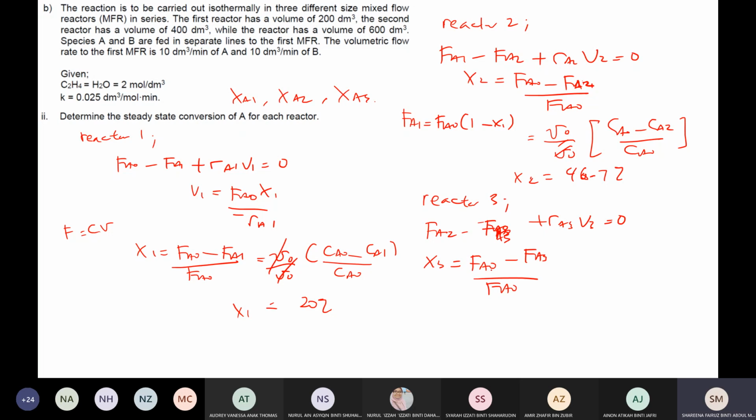Okay, rearrangekan dia, you akan dapat CA0 minus with the CA3 over with the CA0. Okay, so you akan dapat X3 is equal to 69.6%. Okay, so ini cara saya. So maybe you ada derivation yang berlainan. Okay, that you will get nilai X.